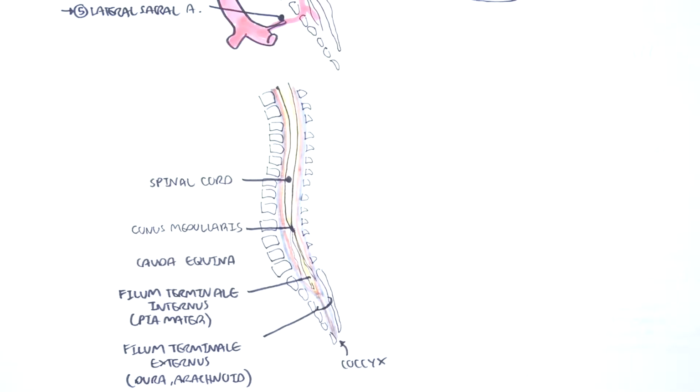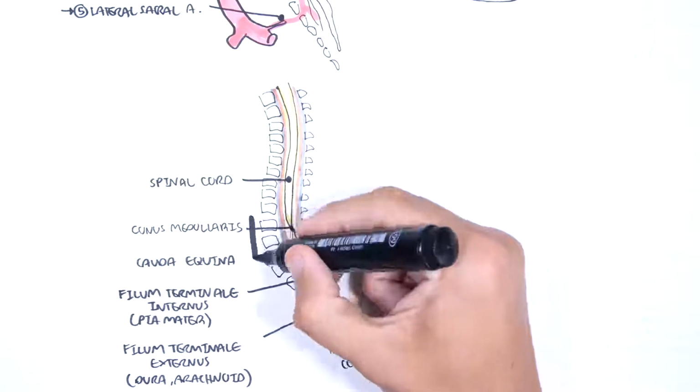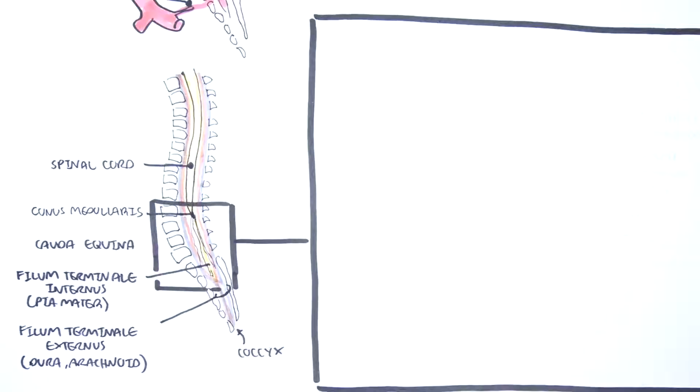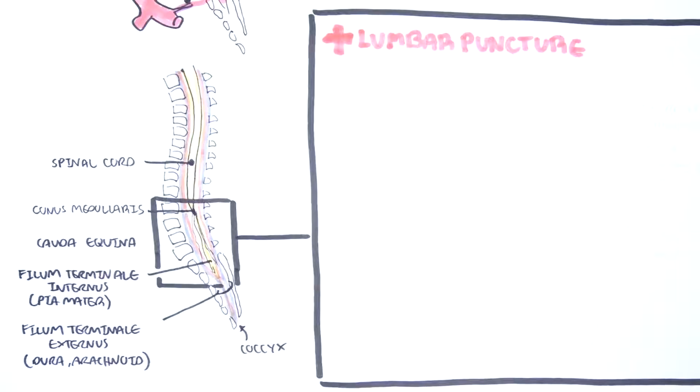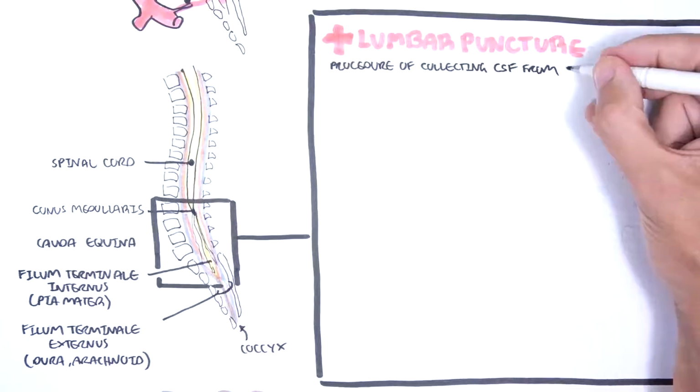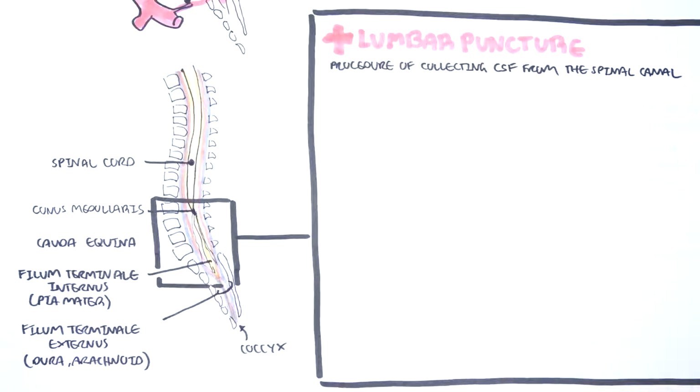The space after the conus medullaris, below L2, is a site where cerebrospinal fluid can be accessed. This space is the subarachnoid space. A lumbar puncture is a procedure of collecting cerebrospinal fluid from the spinal canal.